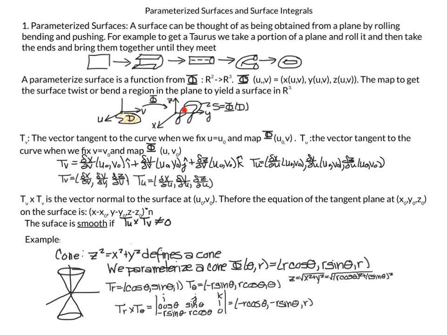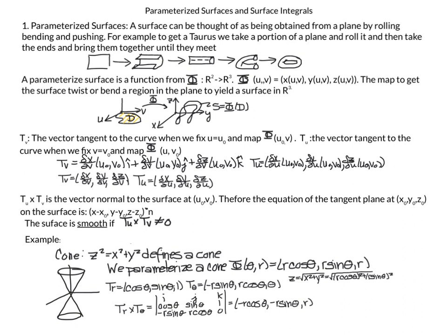We can calculate a tangent vector to this curve of our surface by holding u constant and then seeing where that goes. That would be the partial derivative with respect to u, and we can fix v and get the partial derivative with respect to v. So Tv is dx dv, dy dv, and dz dv, and Tu is dx du, dy du, and dz du.